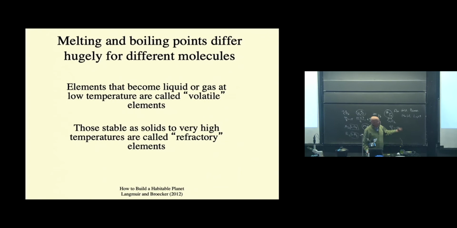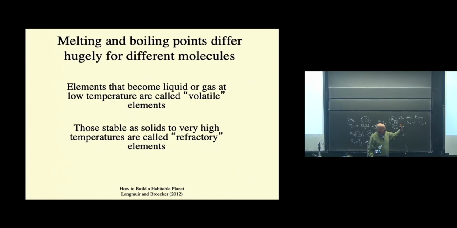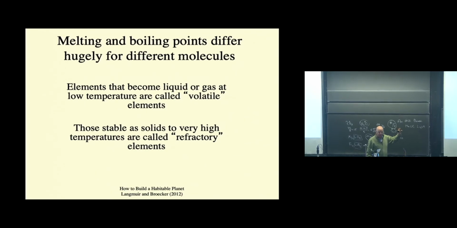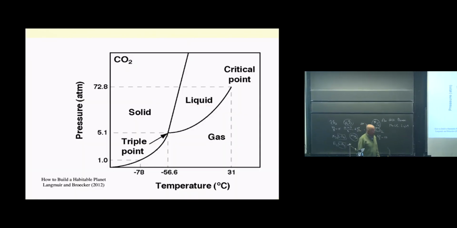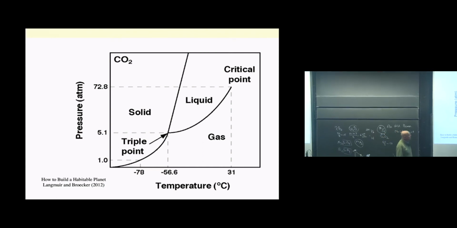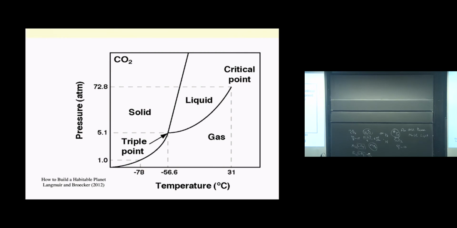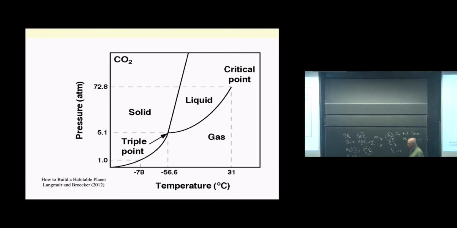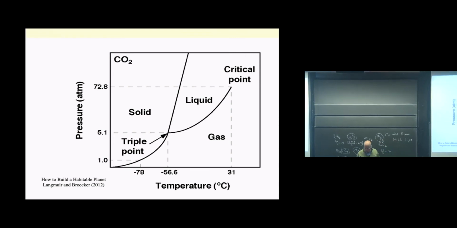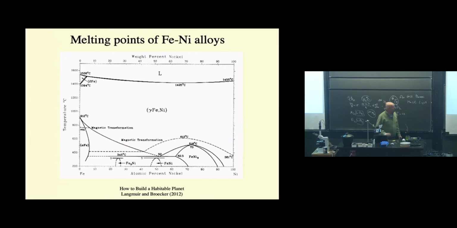Volatile elements, liquid or gas at low temperature. Refractory elements only change to a liquid or a gas at very high temperatures. So here's CO2, and you can see it transforms to liquid and gas at around minus 56, depending on the pressure. And if you compare that to iron, this is the melting diagram for iron.